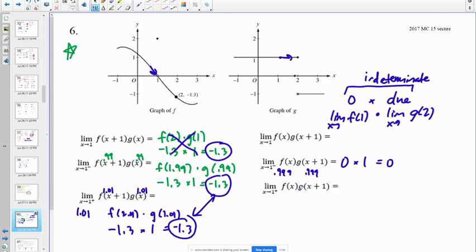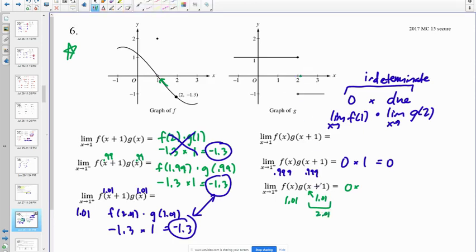If I do this problem down here and I plug in 1 from the right, that's like plugging in 1.01, right? So what I'm really doing is taking the limit as f approaches 1 from the right, so that's going to be 0 times the limit as g approaches 2 from the right, because this is like 2.01. That's coming from the right.